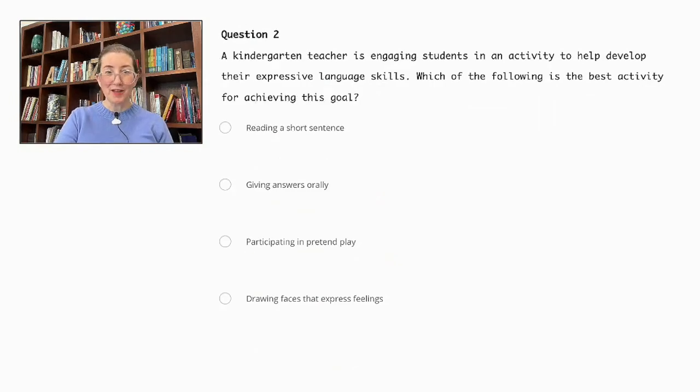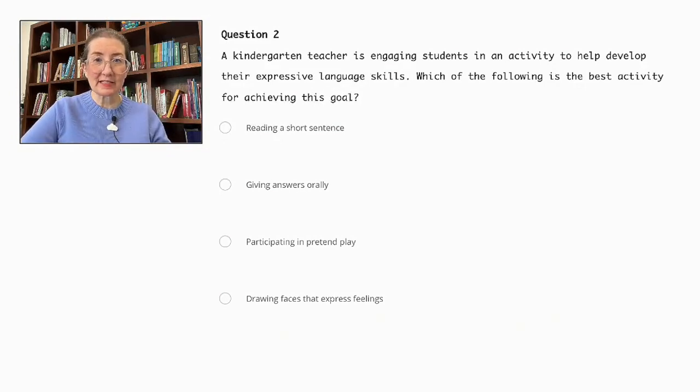Question number 2. A kindergarten teacher is engaging students in an activity to help develop their expressive language skills. Which of the following is the best activity for achieving this goal? Reading a short sentence, giving answers orally, participating in pretend play, or drawing faces that express feelings.